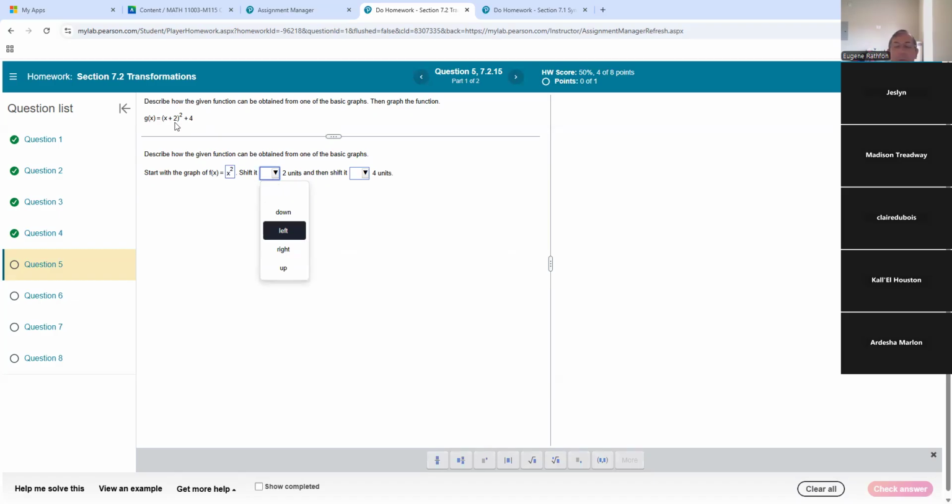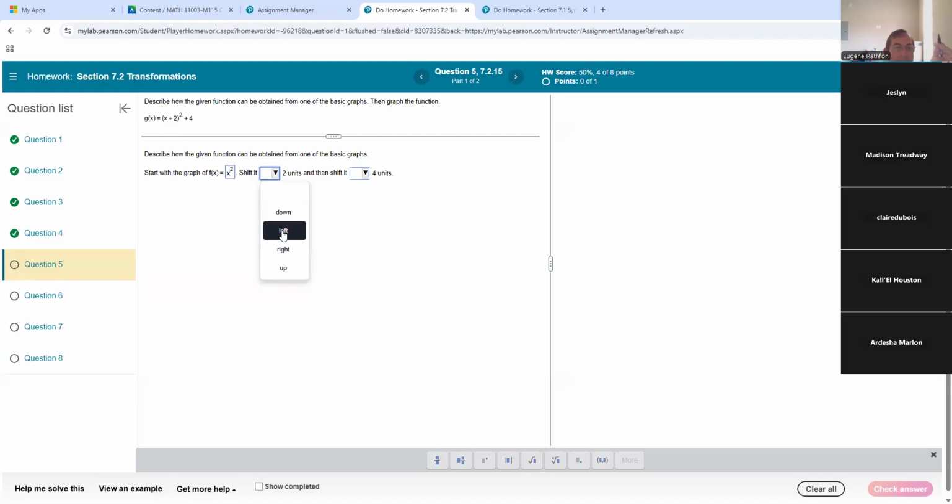So y'all, that 2 is being added inside those parentheses. So what would I move? Down, left, right, or up? Let's see, that 2 is positive inside the parentheses. So that's like a positive a. And we said if the a was positive inside the parentheses, that's going to move me left.